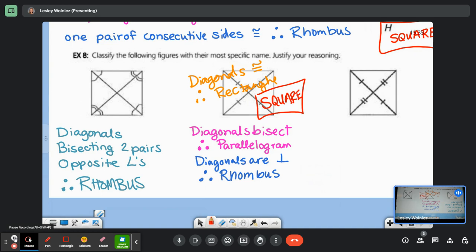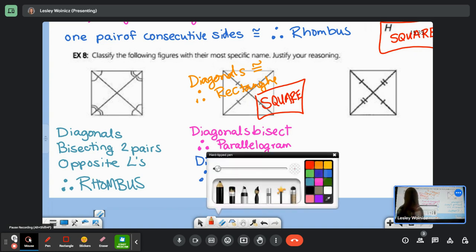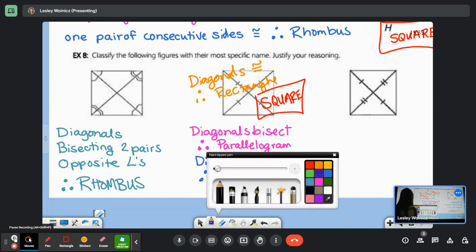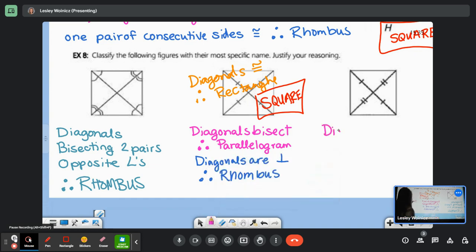All right, last one. Quadrilateral. Okay, we know it's a quadrilateral, but we want a more specific name. Is that the most specific? What are the diagonals doing to each other? So what is this?